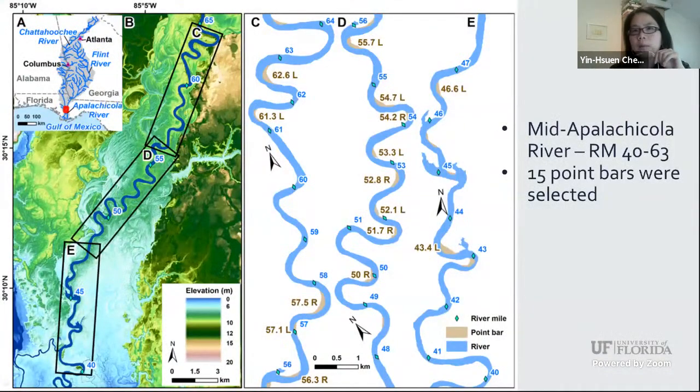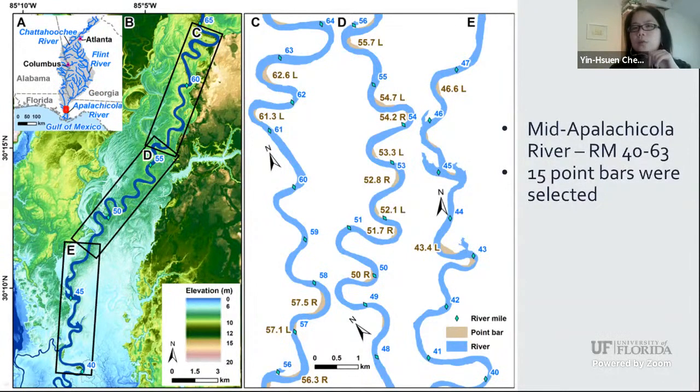Here is a map showing the study area. In figure A, I put in the ACF basin and where it is. The study area is part of the middle reach, between river mile 40 and river mile 63 or 64.